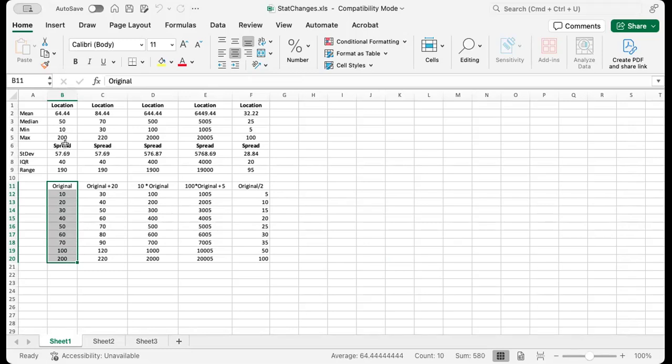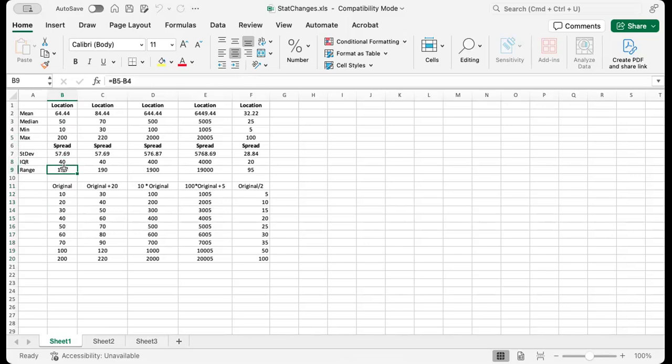And then for spread, measures of spread, this is the standard deviation, and then this is the interquartile range, and then this is the range. Is that okay? Does that make sense? So for this data set, this is the mean, median, minimum, maximum. These numbers are measures of what? Location. And then for spread, we have the standard deviation, interquartile range, and the range.